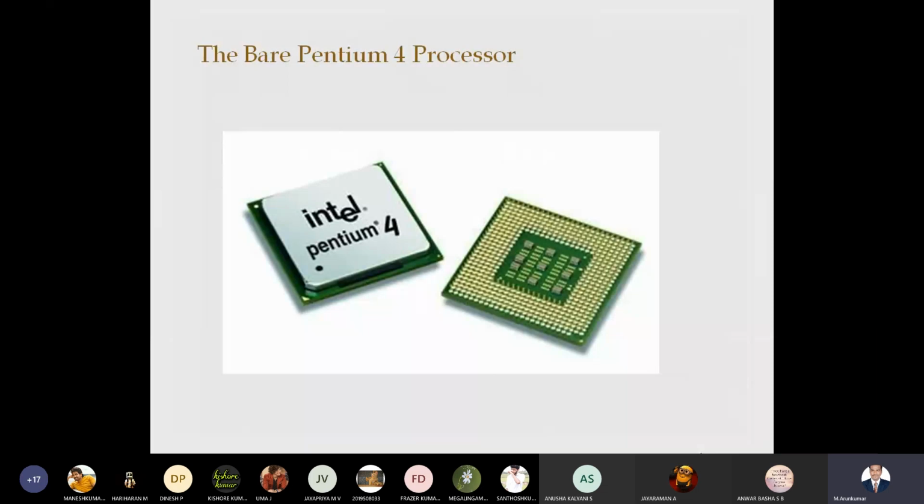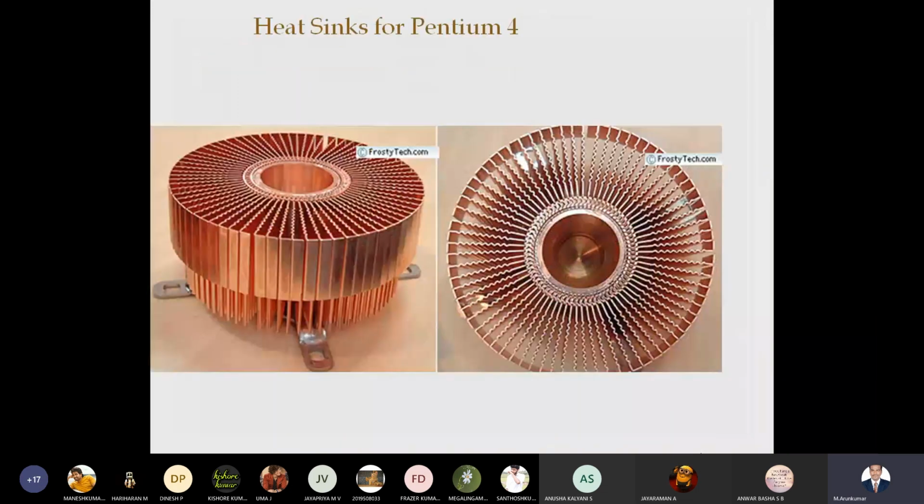You might have seen these Pentium 4 processors in your computers or laptops. This is provided in your laptops for the function of heat transfer. This heat sink for the Pentium 4 is also provided in your systems or in your lab for the purpose of heat transfer.